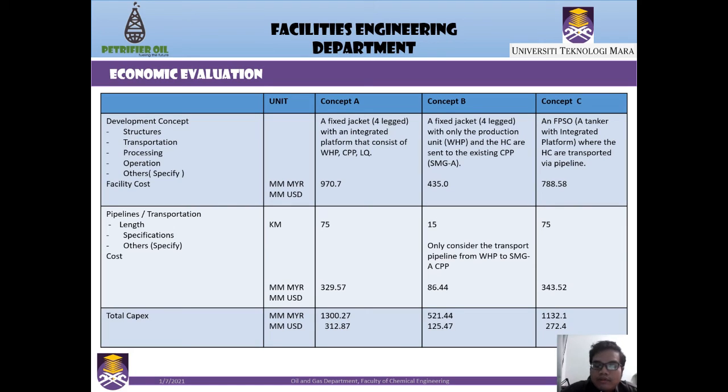One of the major reasons is that we are only going to build the WHP, the wellhead platform, for the production activities, as well as the transportation line from GM1, the wellhead platform, to the existing CPP SMGA, while the others already exist, hence the costs are negligible or very low, as the only costs that might be included are maybe some upgrades.